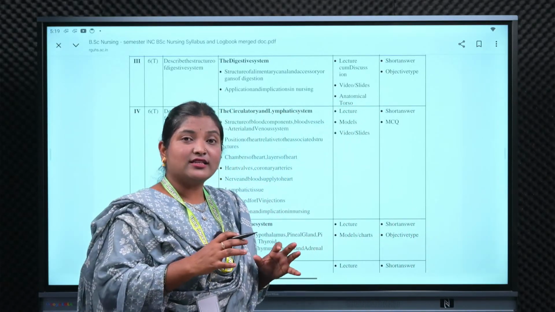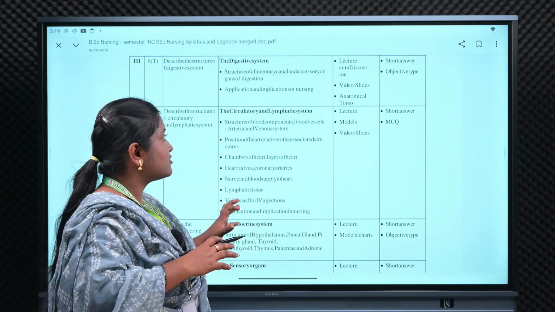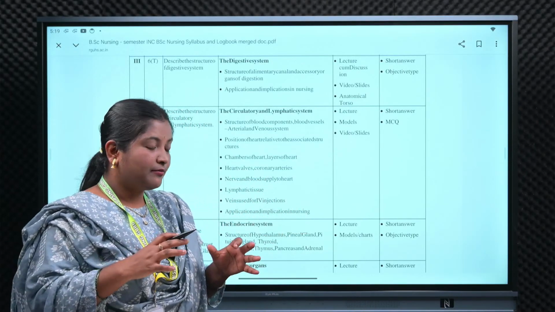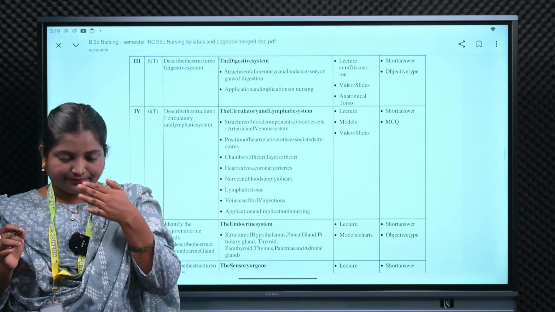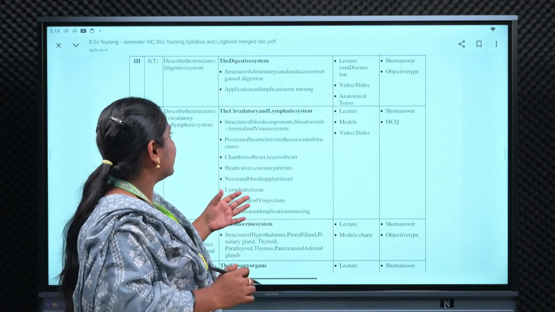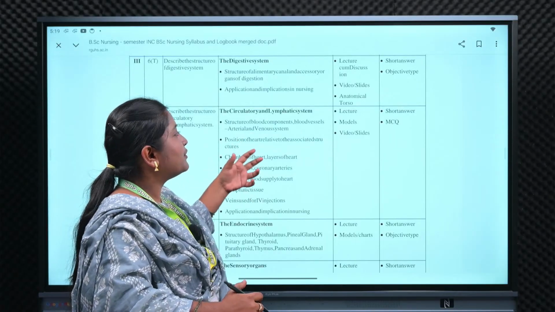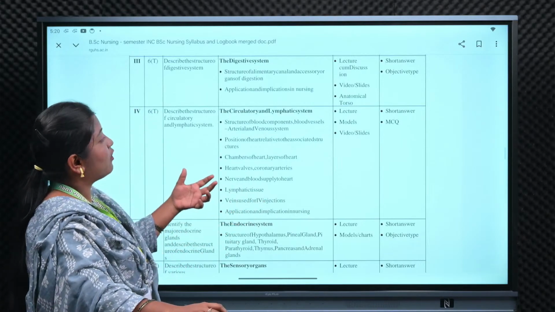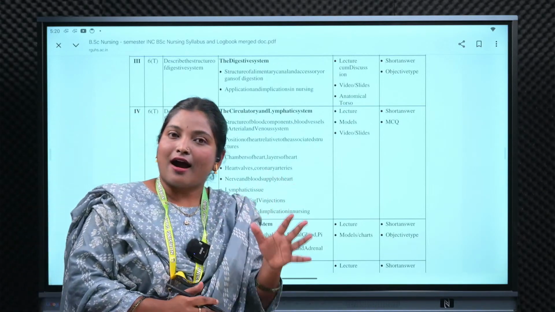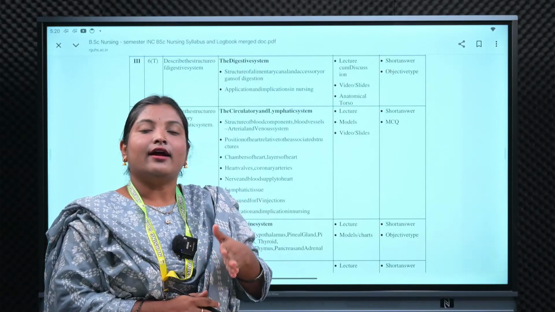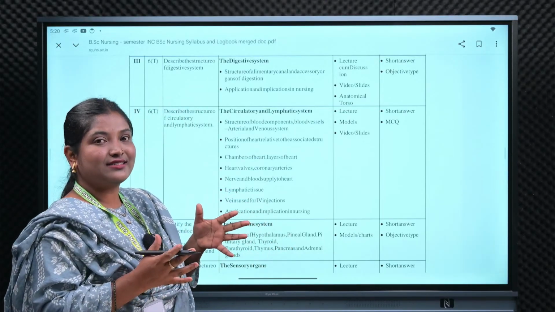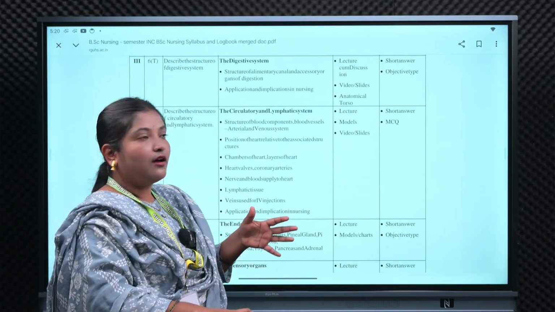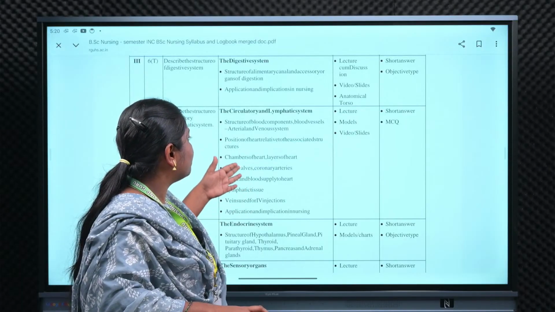There is always a correlation between the circulatory system and the lymphatic system, so we study them together. We will mainly see the blood and its components, blood vessels as well as the lymph nodes, and mainly focus on the heart: the chambers of the heart and how the heart is. The heart is a hollow muscular organ, with four chambers, including the ventricles.